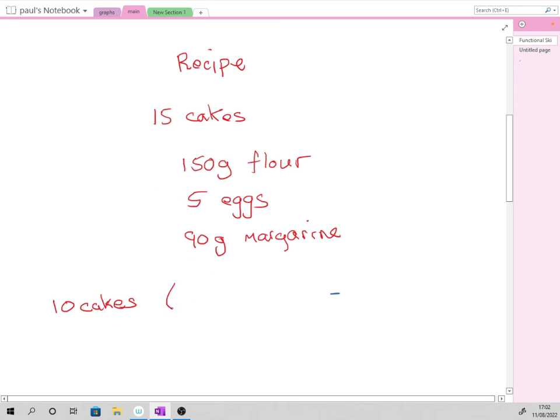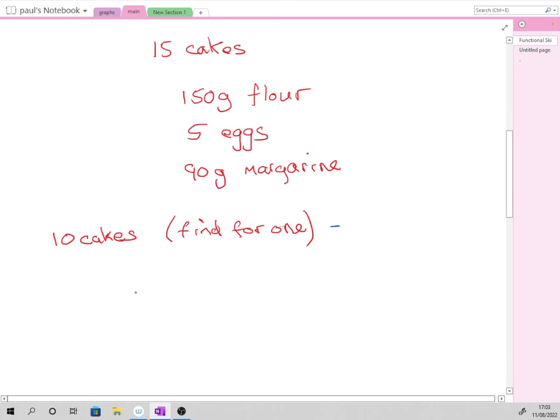So the way to do this is always find for one. Yeah? Find how much of the ingredients you would need for one person, one cake. In this instance, it's a cake. So we do the flour, and we go, well, we need 150 grams for 15 cakes.